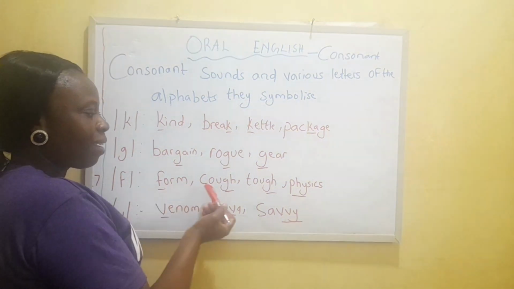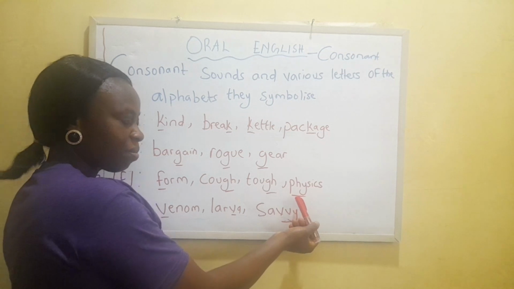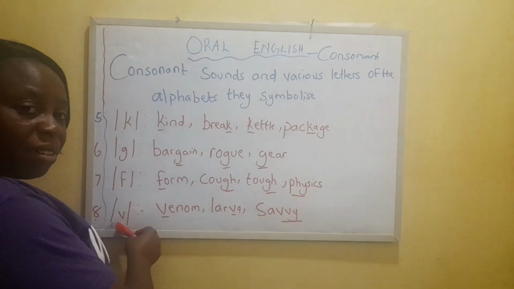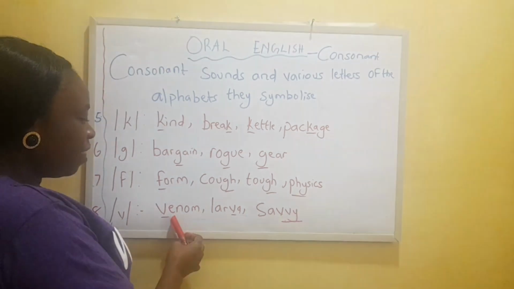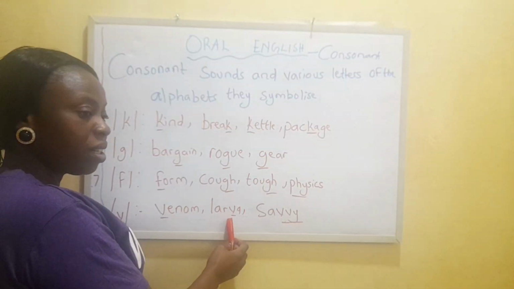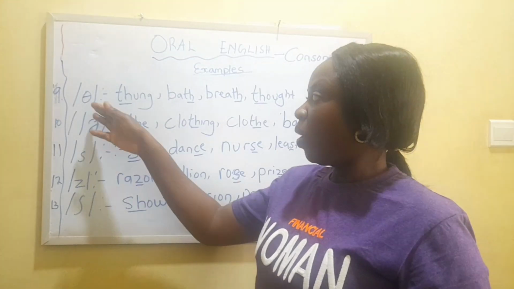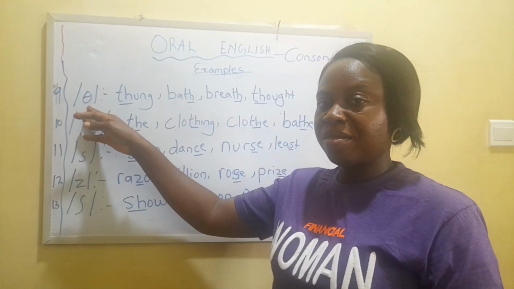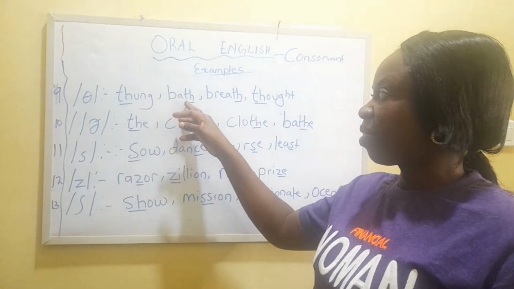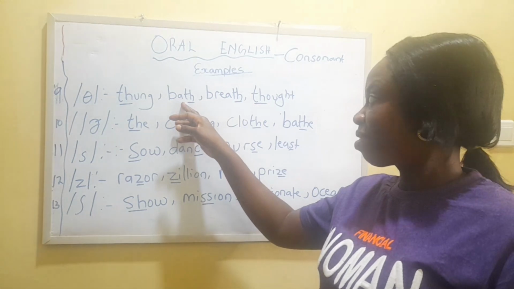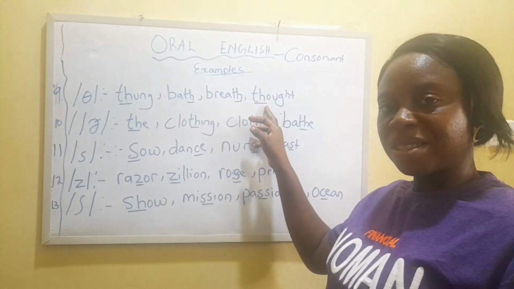Fun, cuff, tough, physics. We have v: Vina, love, savvy. We have fang, bath, breathe, thoughts.